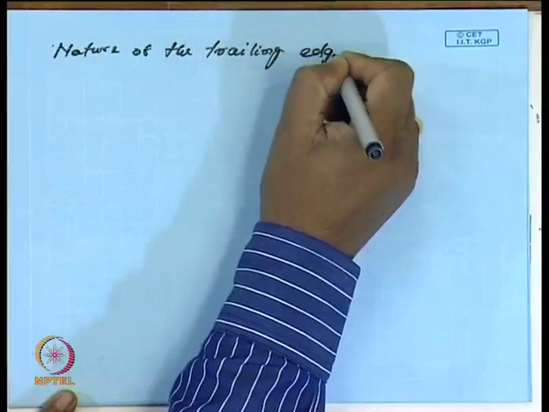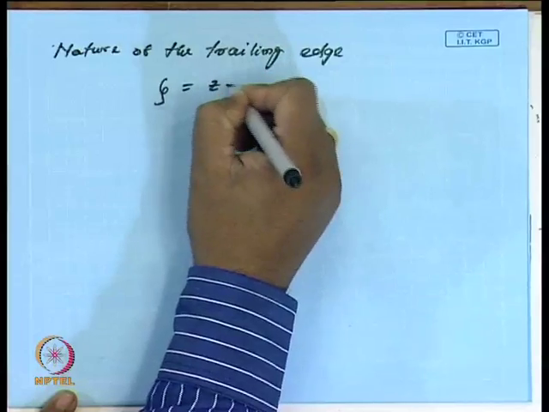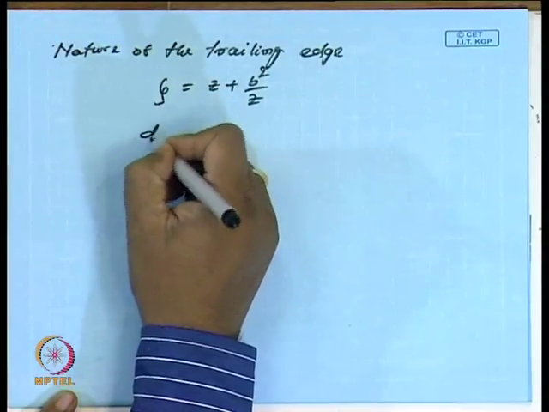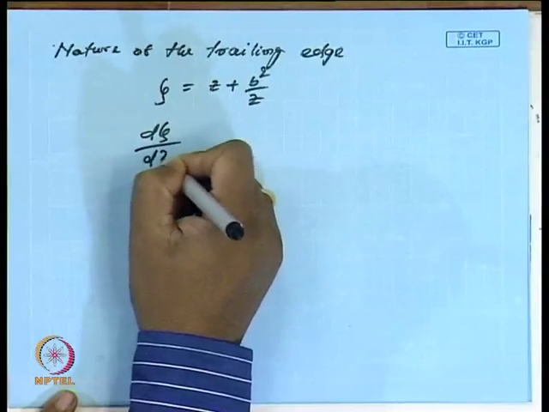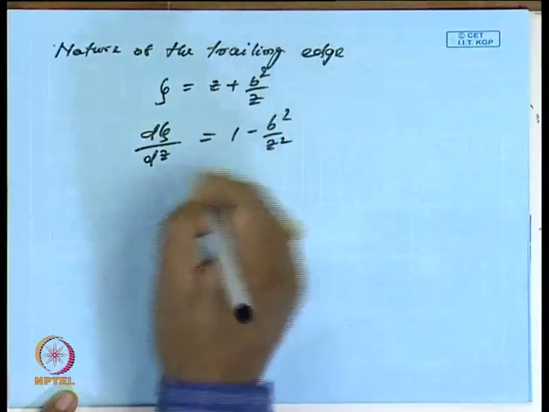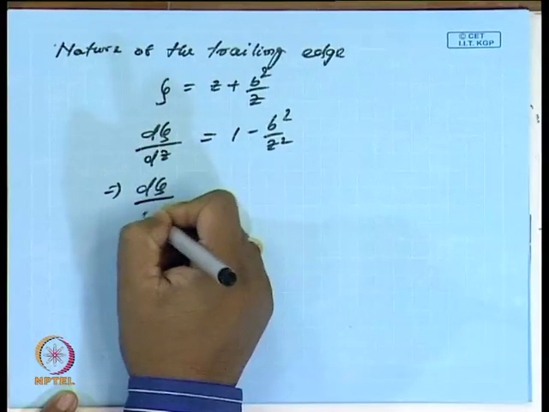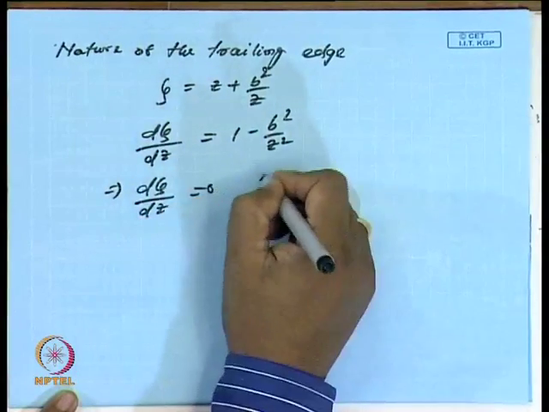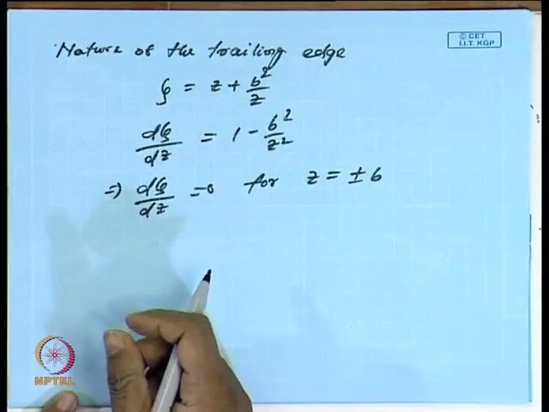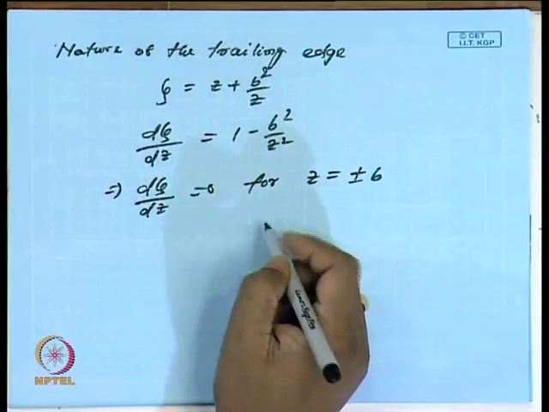In this case, we have always seen zeta is equal to z plus b square by z. Then what will happen to d zeta by dz? It should be 1 minus b square by z square, which implies d zeta by dz will be 0 for z is equal to plus minus b.